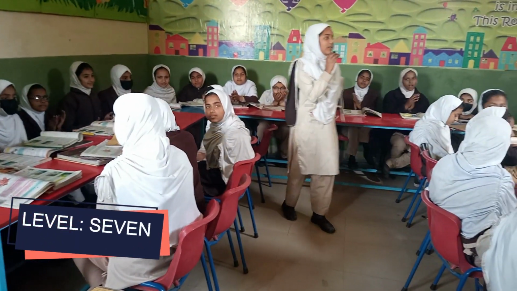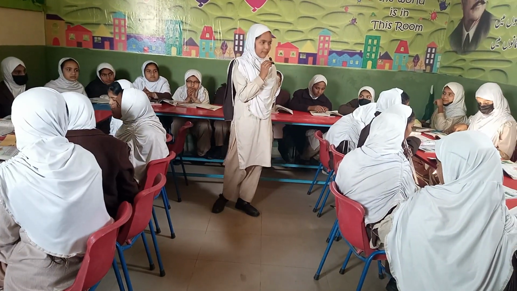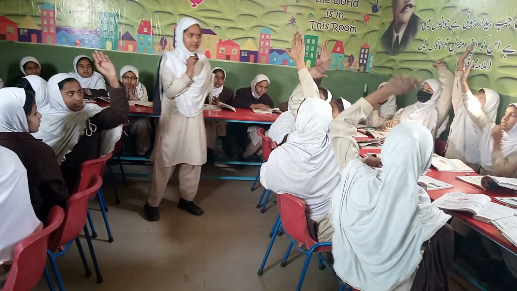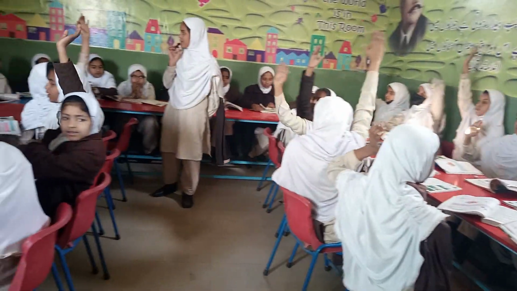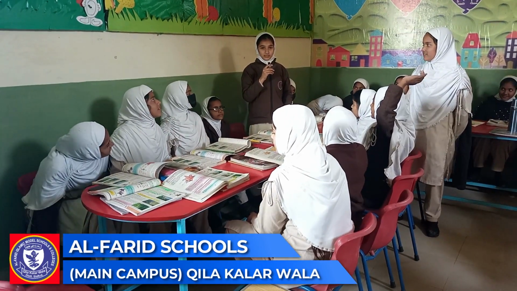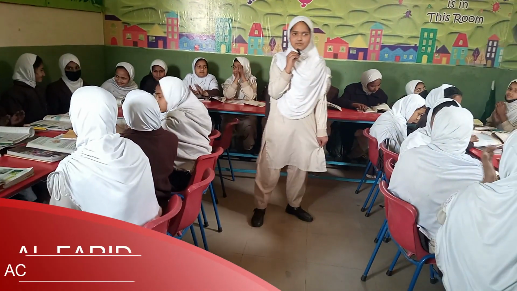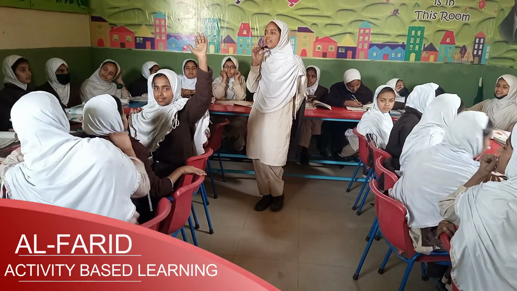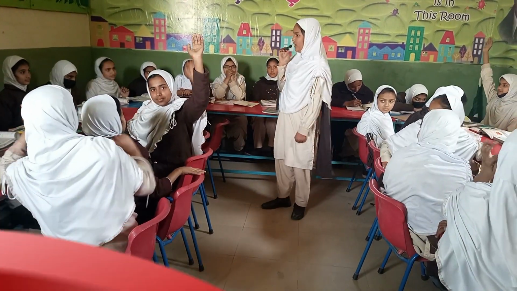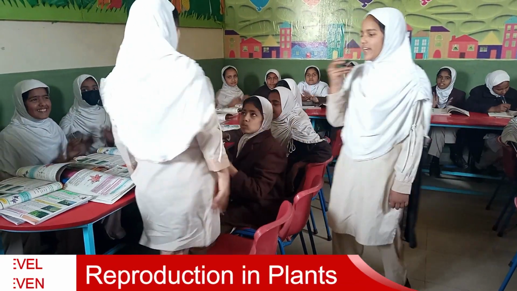Okay. Now tell me, is stamen the male part or female part? Stand up, Noor Fatma. Stamen is the male part. Very good. Clap for Noor Fatma. Name the sticky part of a flower. Yes, Ikra. Stigma. Very good. Clap for Ikra.